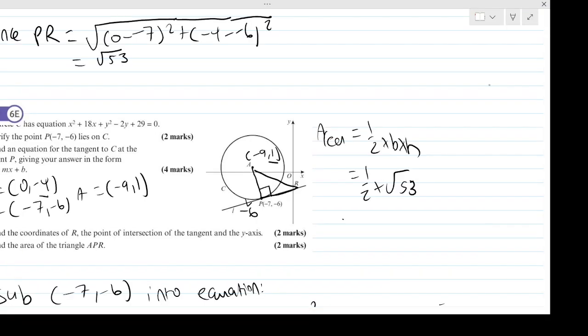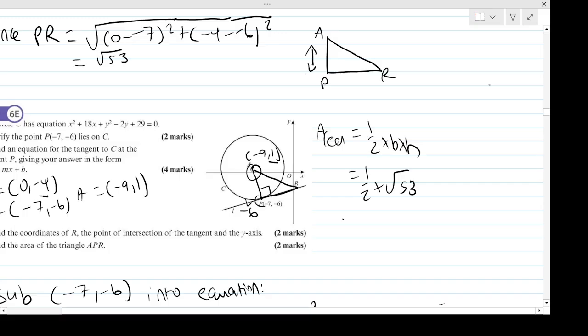Well, actually, in this case, the height is the line AP, right? That is the vertical perpendicular height, because if we were to reconstruct the triangle, it would look like that, and hopefully you can see that this side there, the height, is the vertical height. So that distance between A and P is the radius, right?